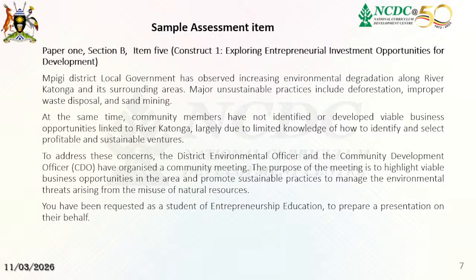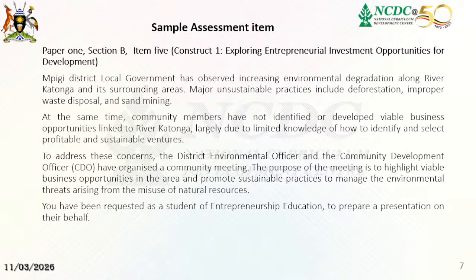Let us take ourselves through one of the sample items that was generated. This sample item comes from paper 1, section B, and it is item 5. When these assessment guidelines are uploaded on our website, please get the guidelines and scan through.